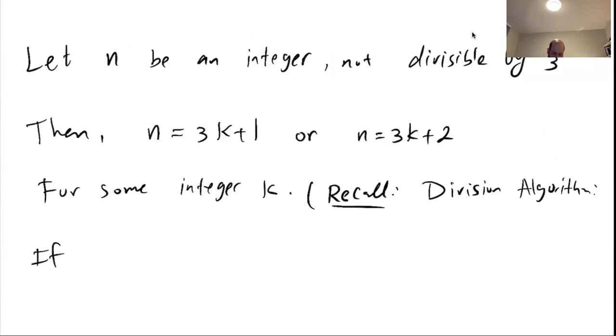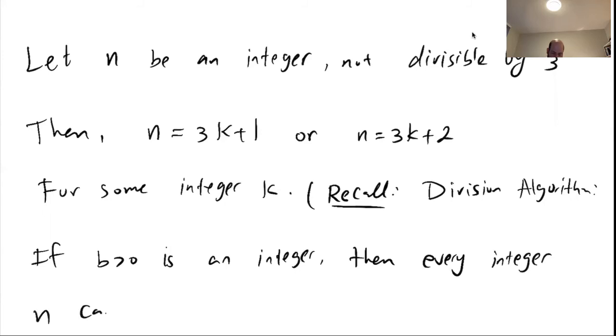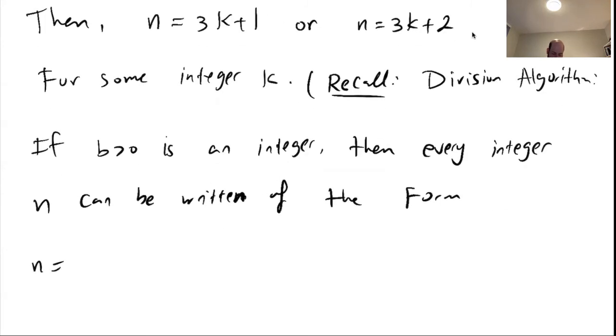If b bigger than 0 is an integer, then every integer n can be written in the form n equals qb plus r, where r is bigger than or equal to 0 and less than b.